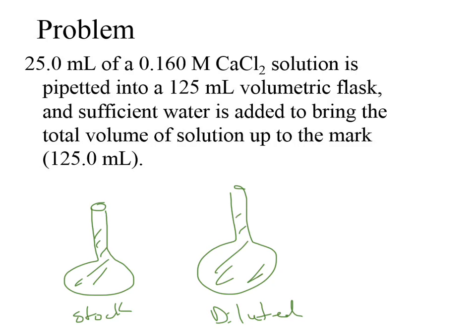Notice that it says 25 milliliters of the stock, and this is where I start to label things. The stock is 0.160 molar. The analyte running around in my stock solution is calcium chloride, CaCl2. We'll talk more about how you name that. It says that 25.0 milliliters, so an aliquot, are transferred. We have pipettes in the lab that are actually that volume.